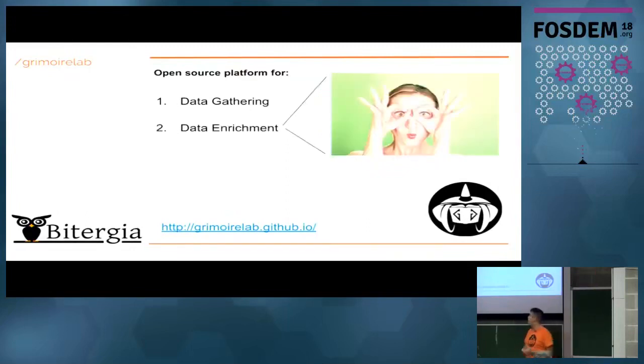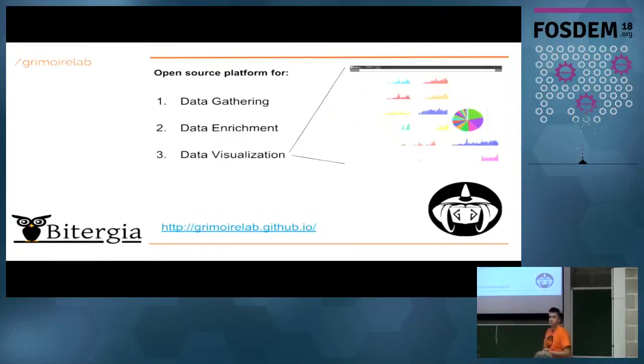And for data enrichment, like affiliations and merging identities. You know that one person can have an account at Google and an account at Microsoft, but this is the same person, so we can merge these two identities into one. And finally, the data visualization.